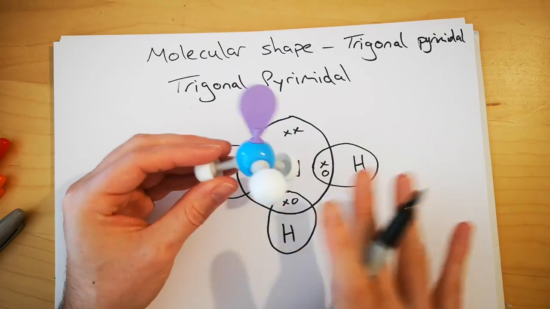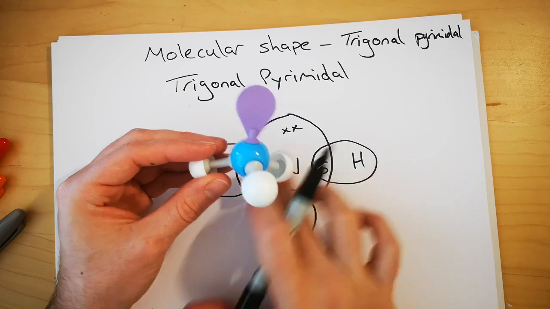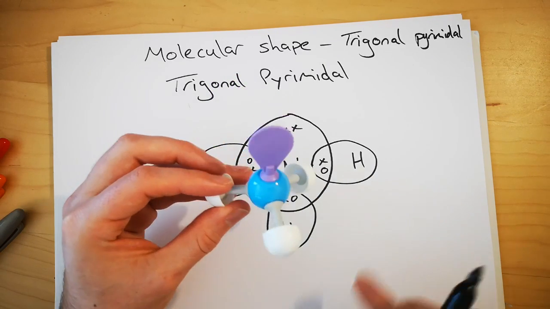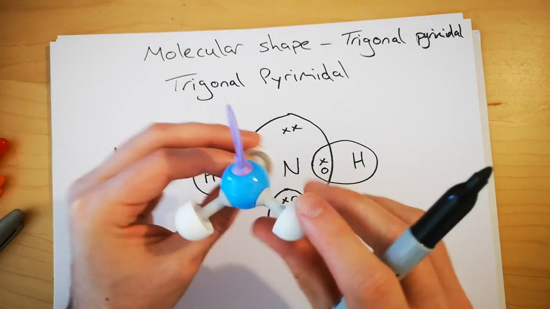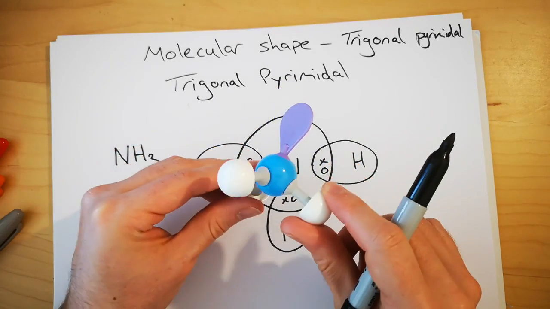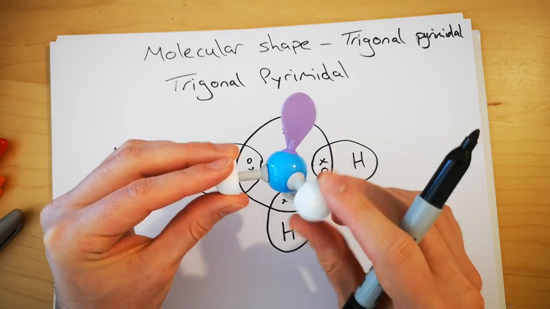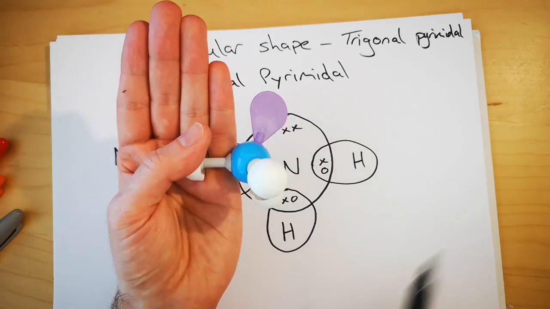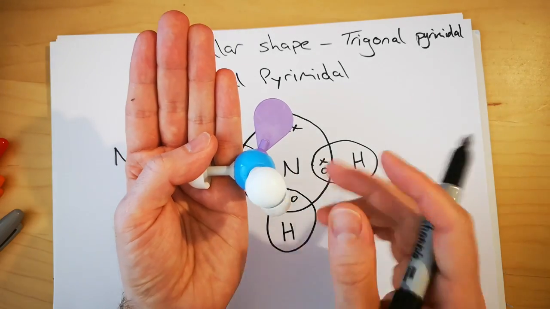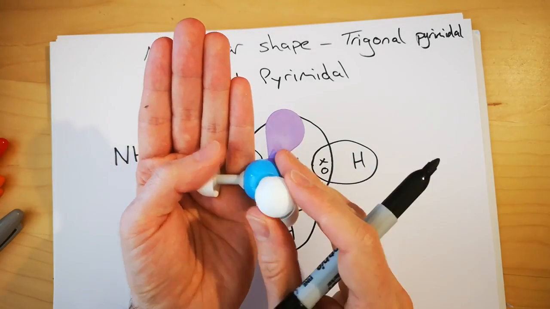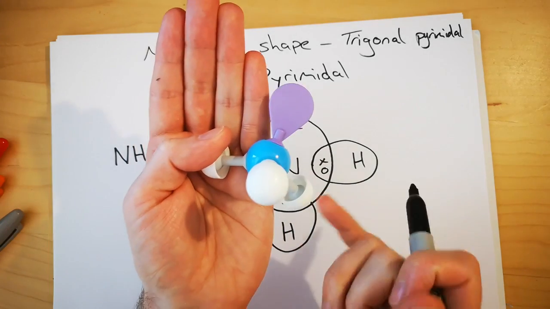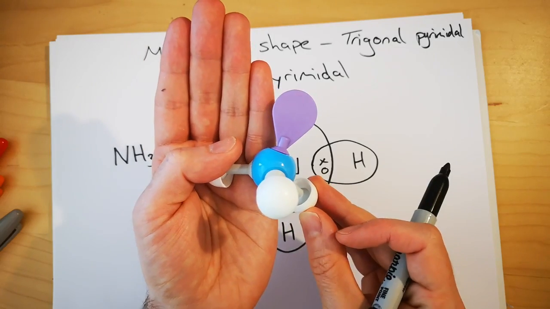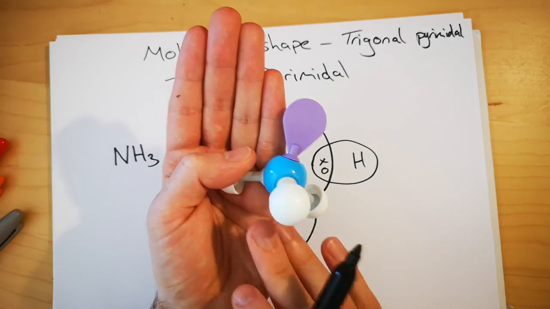So what I want to show you is how we can convert this into a three-dimensional diagram on a two-dimensional plane. I'm going to rotate this molecule so that this bond is flat on my hand, and that would be flat on the page. If that's flat on the page, this hydrogen here is going back out of the page, and this one's popping out towards us.